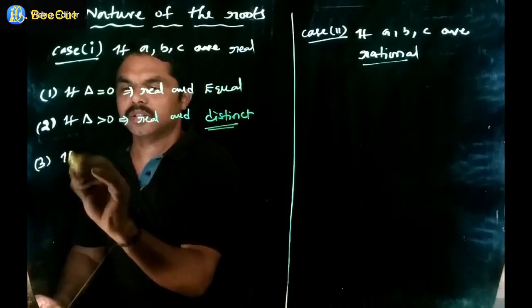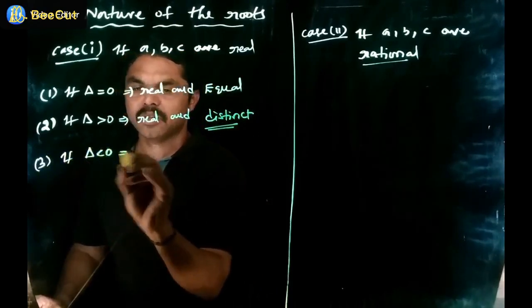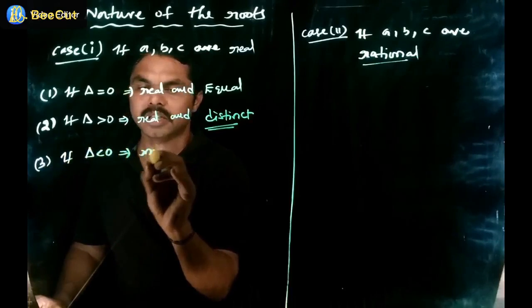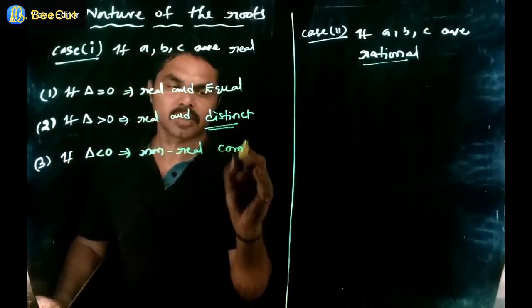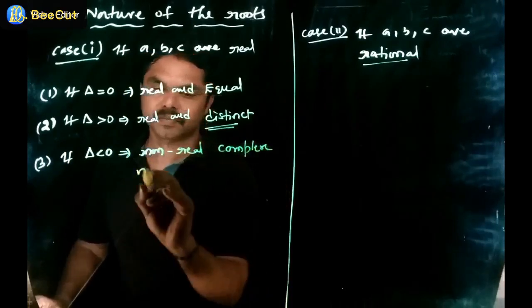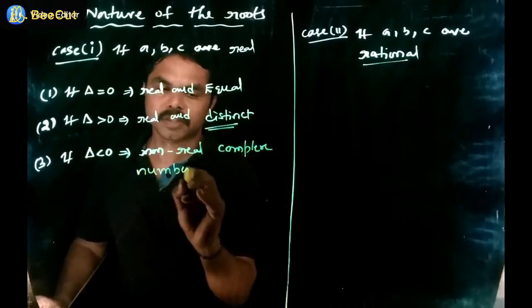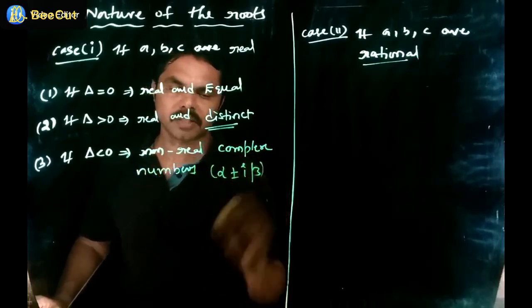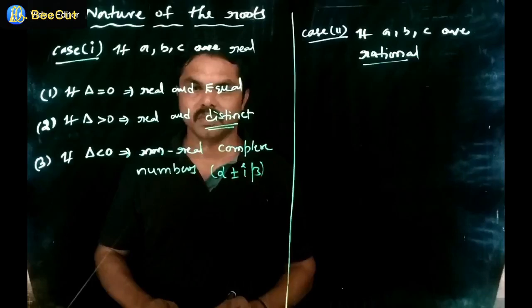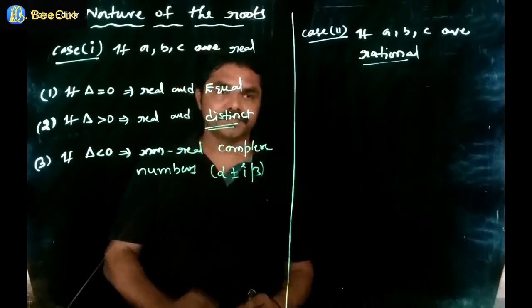Third point, if delta is less than 0, roots are non-real complex numbers. That means roots must be in the form of alpha plus or minus i beta.